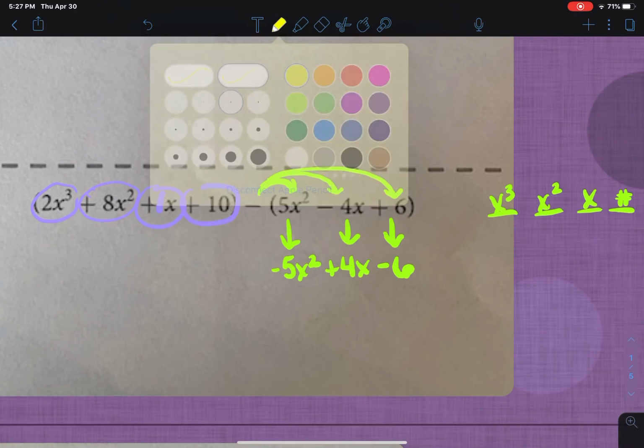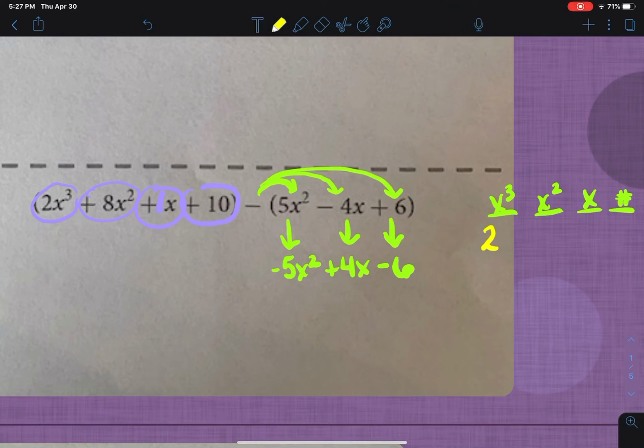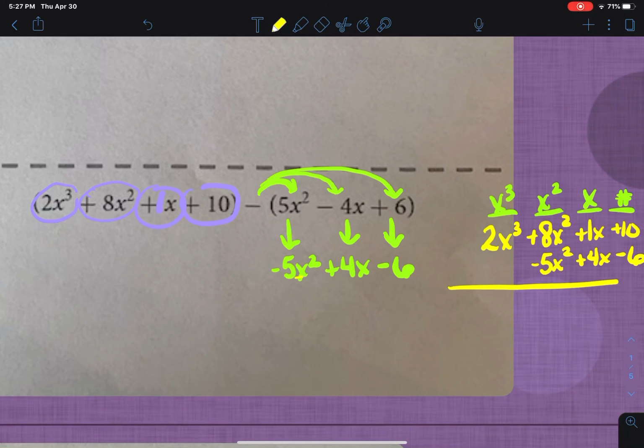So if I start to go through and sort now, it's going to be 2x to the third plus 8x squared plus 1x plus 10. And then we're going to go down to this part right here. So negative 5x squared plus 4x, and then your negative 6.